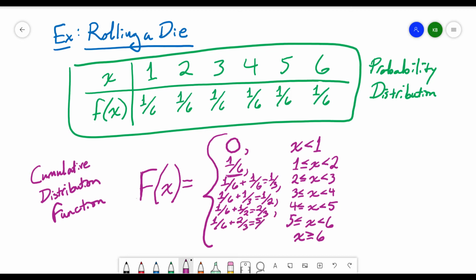So I have 5/6 as my cumulative probability in my 5 to 6 window. And finally, x greater than or equal to 6 is 1/6 as well. And I'll be adding to that the 5/6, which gives me a total cumulative probability of 1.